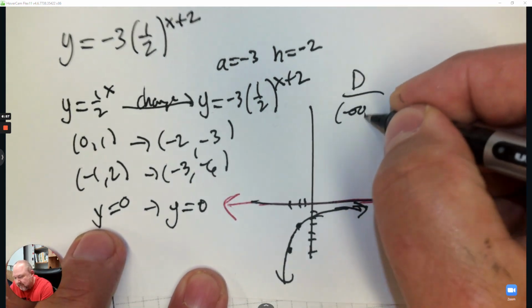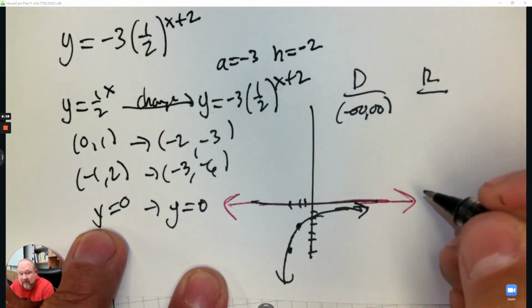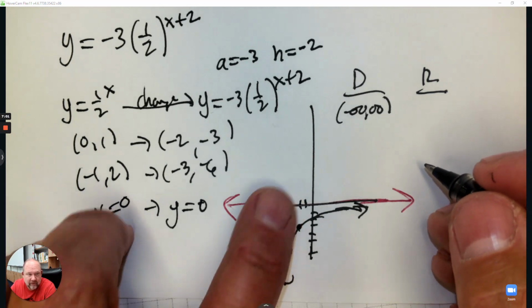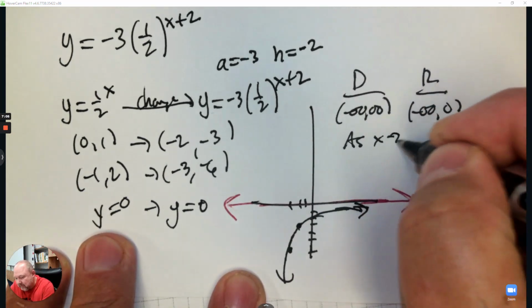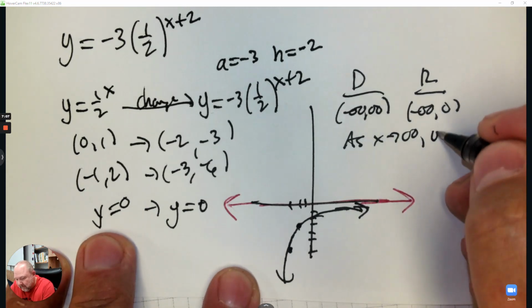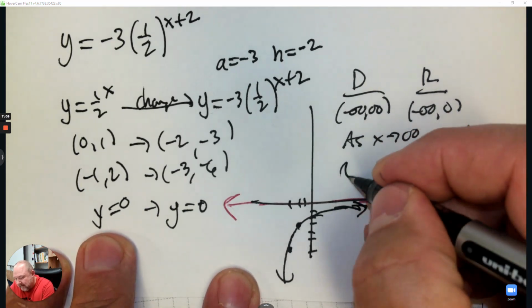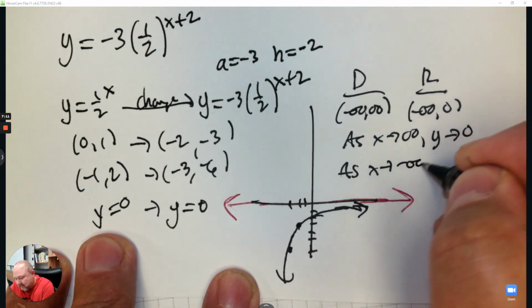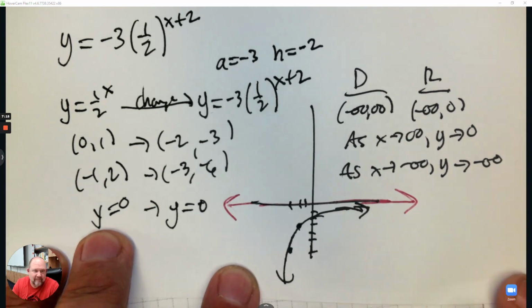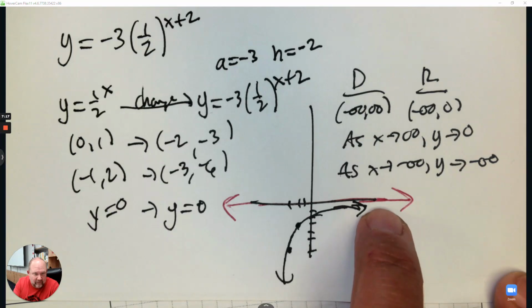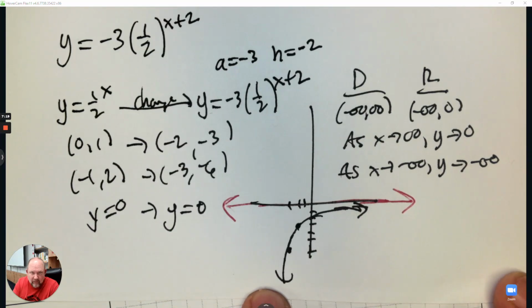So the domain stays the same. The range goes from the bottom to the top, so it goes -infinity up to 0, and the end behavior. So the right end is going to 0, and the left end is going down.